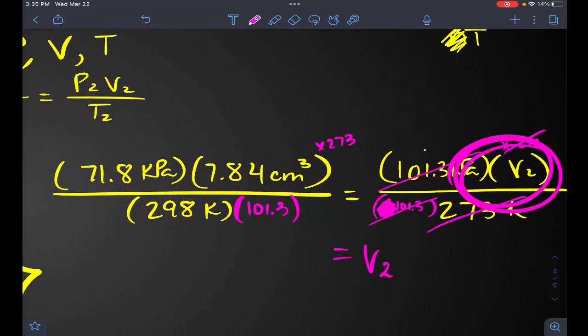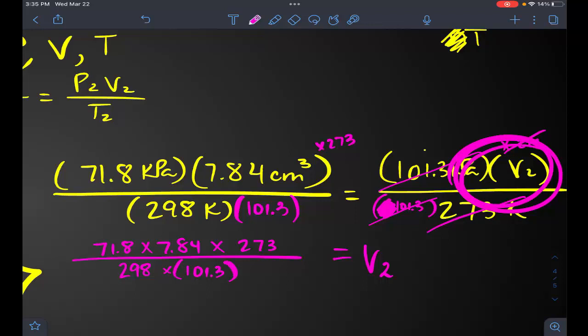So I'm going to rewrite it all with just the numbers, not the units. So it's 71.8 times 7.84 times 273 divided by 298 and also divided by 101.3. You can just put it all in parentheses and not do the times sign down there.